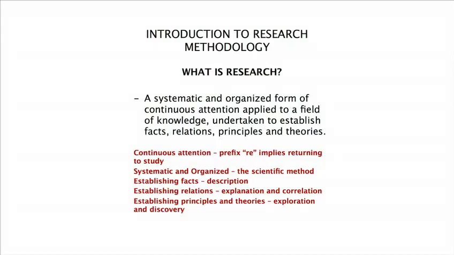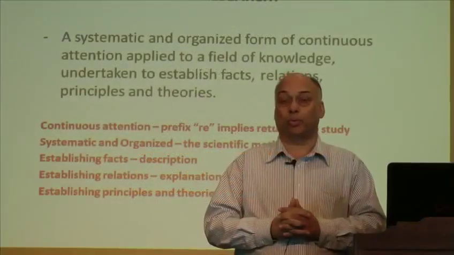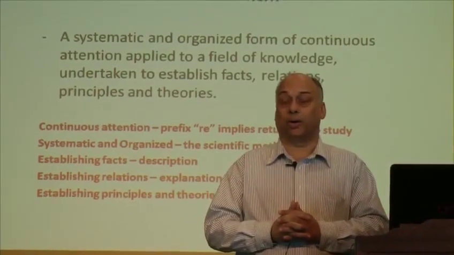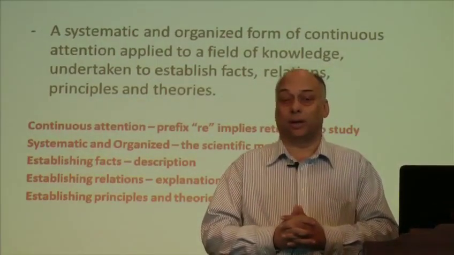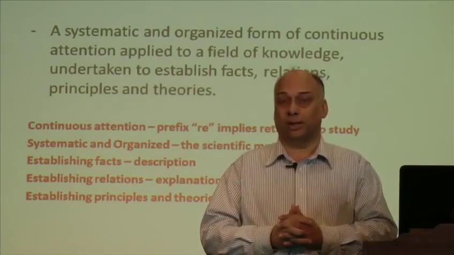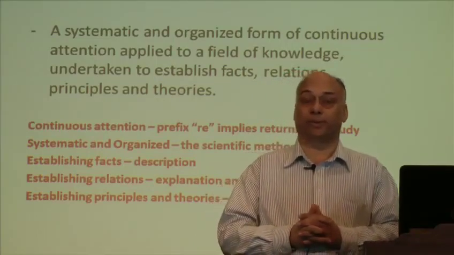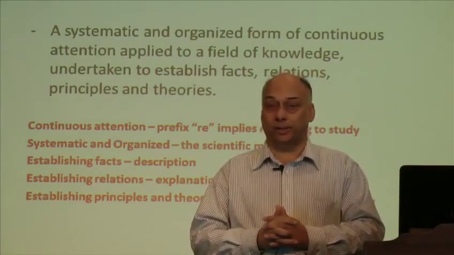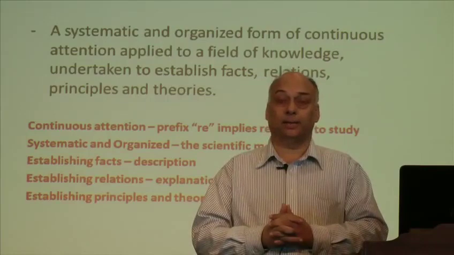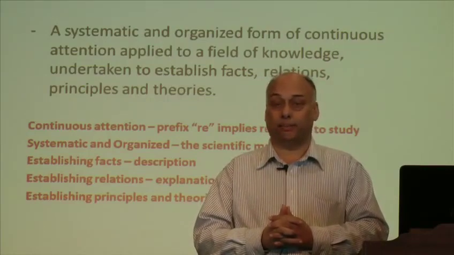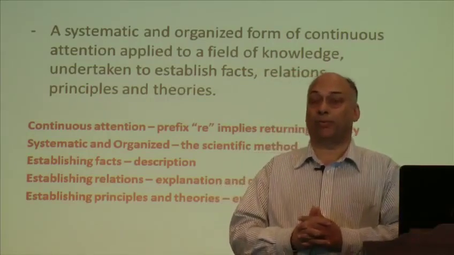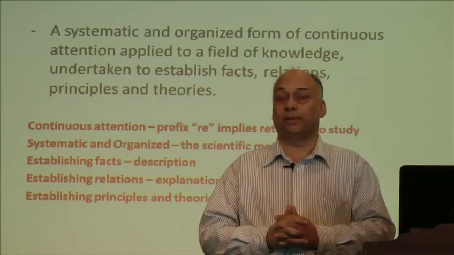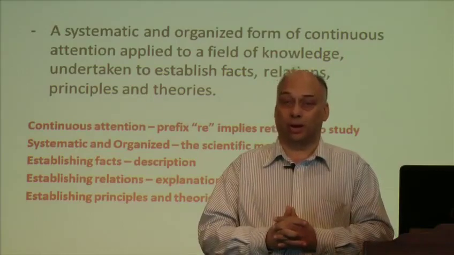Systematic and organized means that what we are going to study is no longer a certain kind of haphazard search or study based on our subjective preferences, but that we will exhaust the various possibilities in that topic. That is the systematic part of it. And we will follow a method in which what we search for is given a form or shape that is organized.